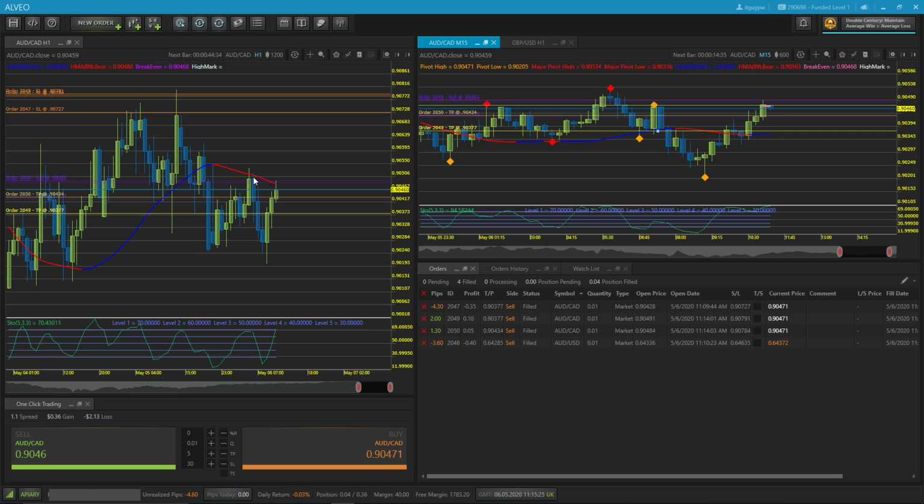So we got these upper support ranges here, which are back here on the 15-minute. So just looking for it to bounce off of that and go back down off of the HMA. And we're just trying to get 5 pips out of this. So not a lot of movement on the Aussie CAD. You can see our 5 pips are 1 to 2 candles down. So usually on a 1 hour, your candles are much bigger.